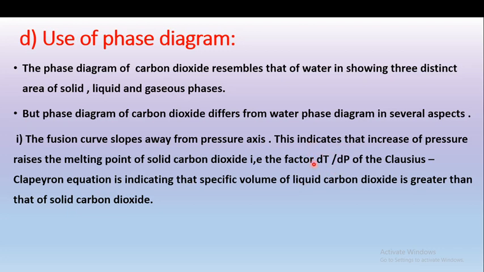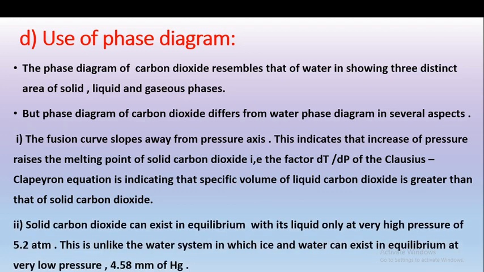In that equation, the factor dT upon dP indicates that the specific volume of liquid carbon dioxide is greater than that of solid carbon dioxide. That is, the specific volume when solid is converted into liquid, the fusion curve.